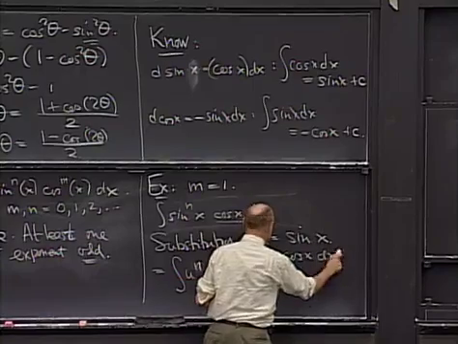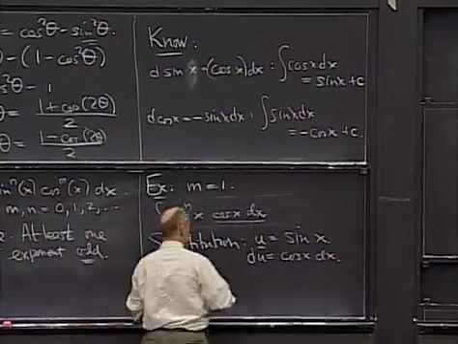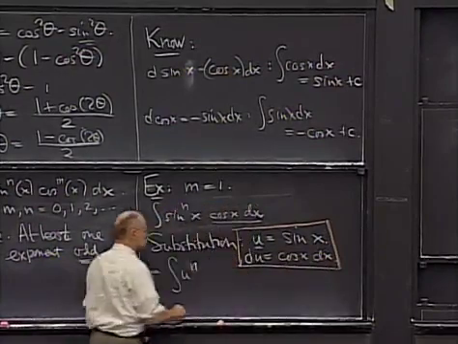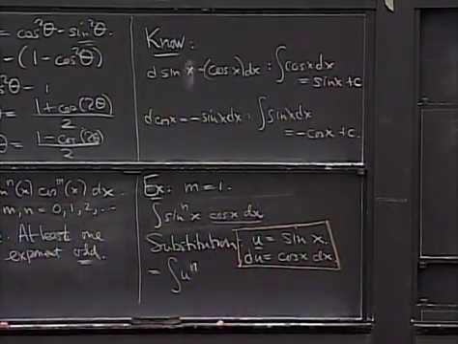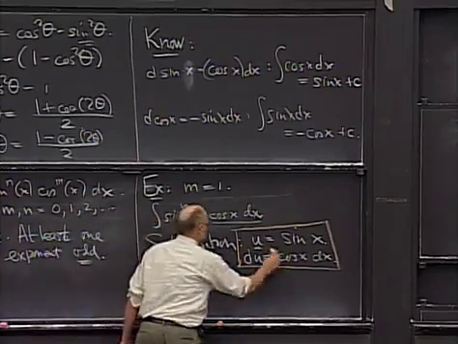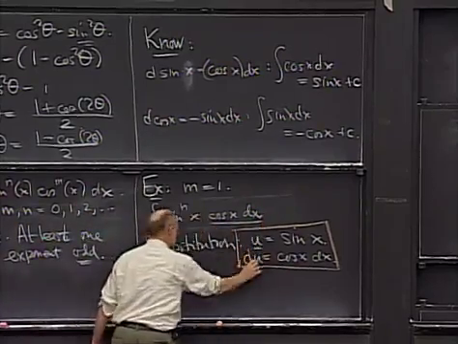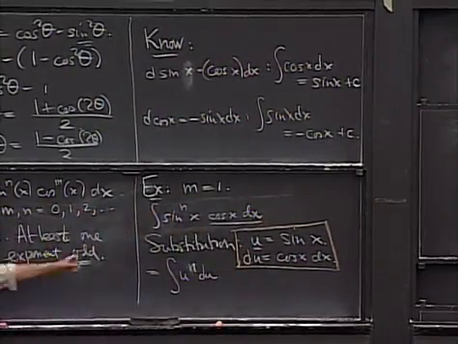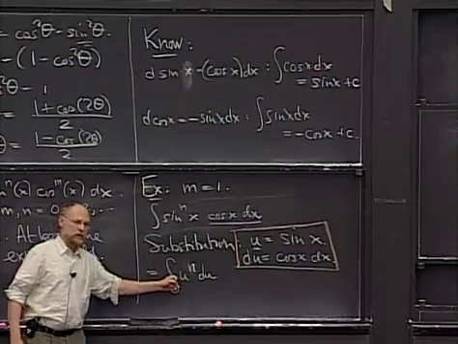Let me put a box around that. That's our substitution. When you make a substitution, you also want to compute the differential of the variable that you substitute in. So the cosine of x dx that appears here is just exactly du, and I've replaced this trig integral with something that doesn't involve trig functions at all.